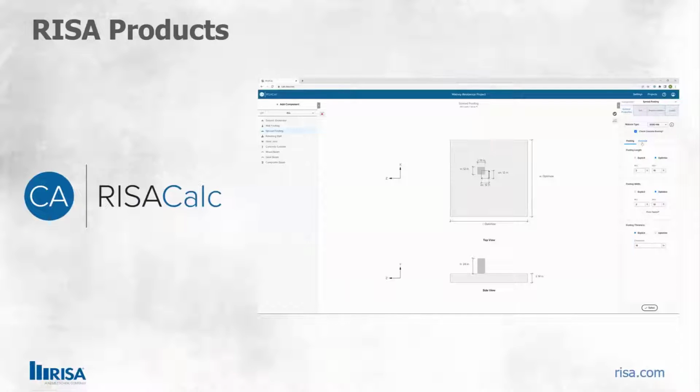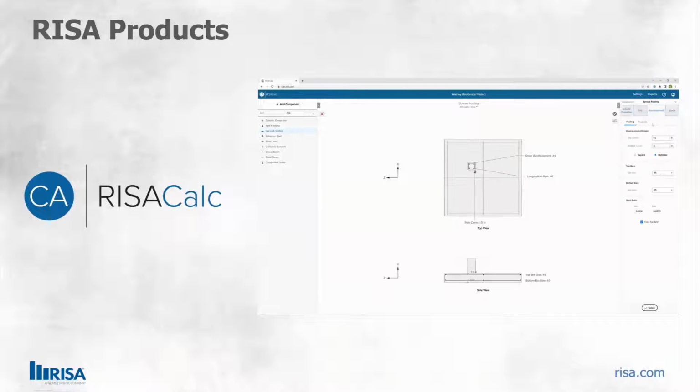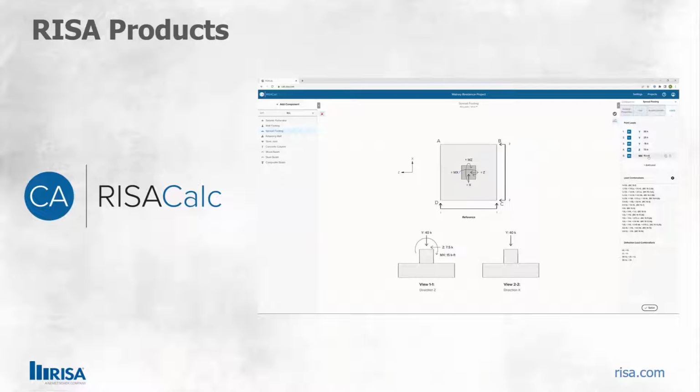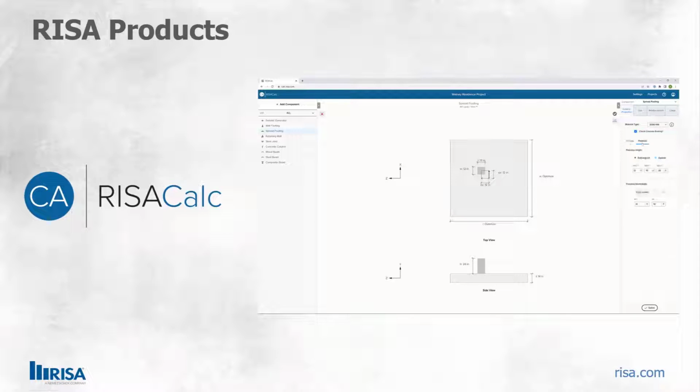Our latest product that we've launched is RISA-Calc. RISA-Calc is a web-based software, and it's going to be looking at structural components. You can see a little bit in this GIF here, we have each component there. We've got different wall footings, spread footings, and it's going to be designing each of those structural components.